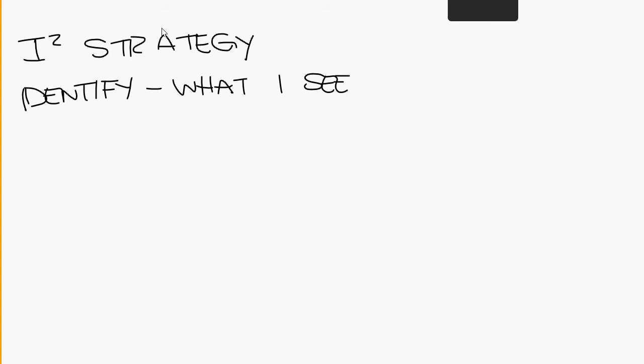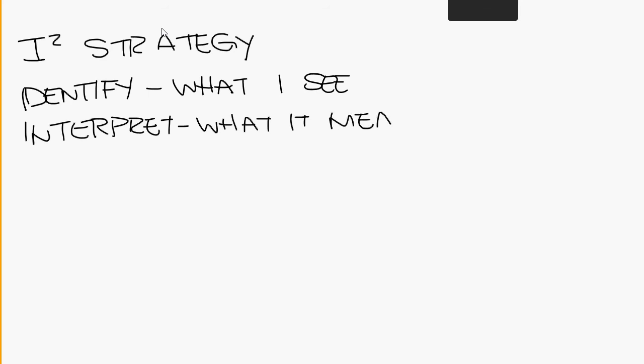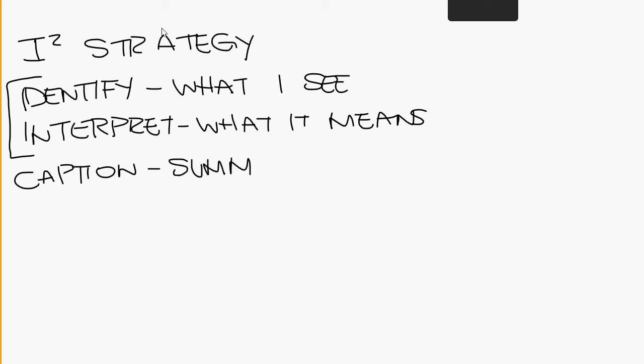Then you need to interpret what this means. Once you have these 2 components, you need to write a caption for your graph so it summarizes the results from your graph.